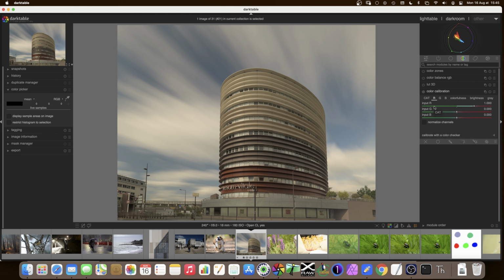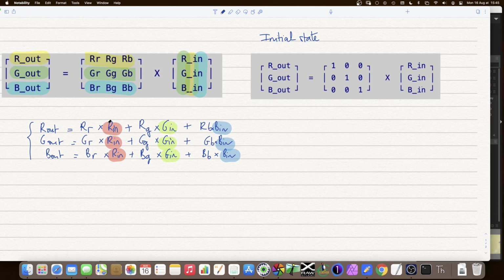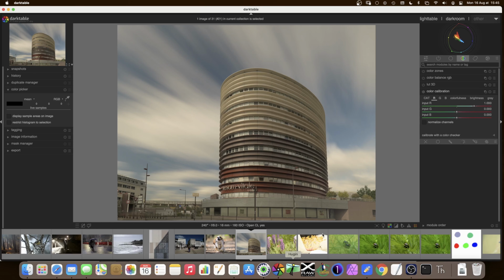That's the first equation, which is vertical, whereas the equation here is horizontal. The second equation, so the green output, is equal to a mixture of red input, green input, blue input, and the blue output is a mixture of red input, green input and blue input.